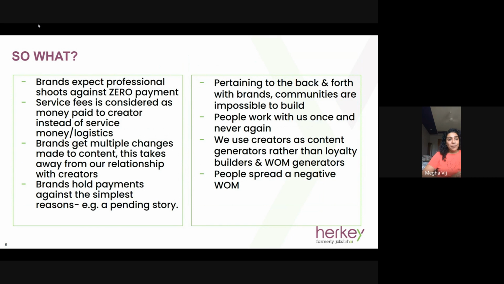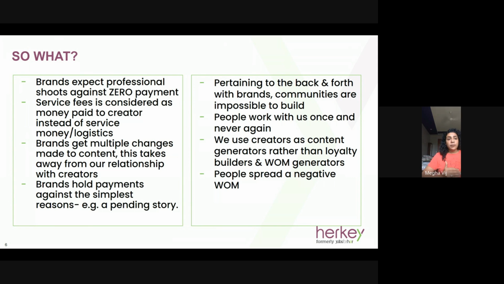Now, what happens because of this, especially for people who work with influencer marketing? Number one is brands expect professional shoots against zero payments. They would want high quality video shots. They would want high quality imagery, high quality reels, but they don't want to pay for it because they know that influencers are everywhere and getting work from them on barter is possible.